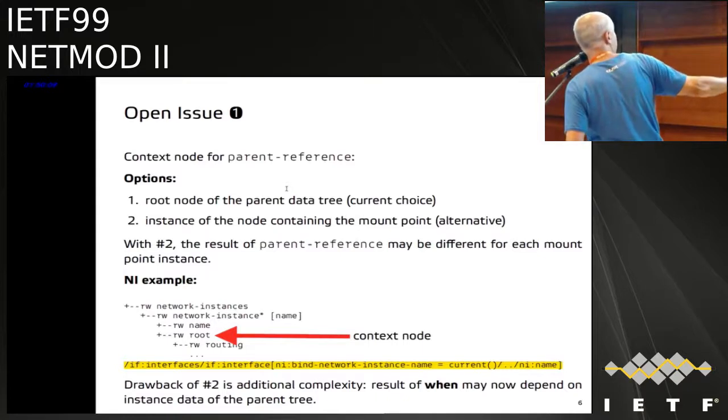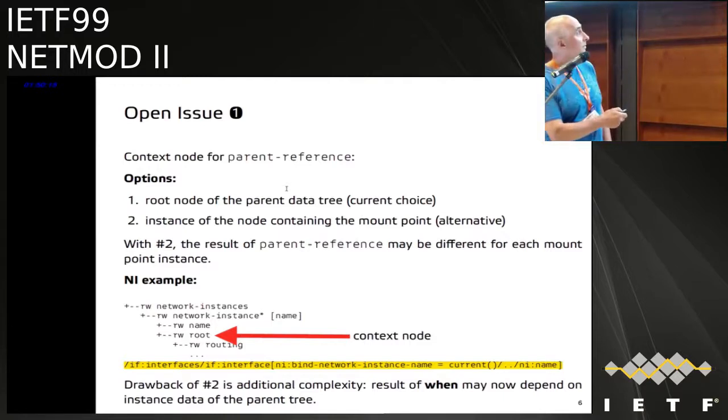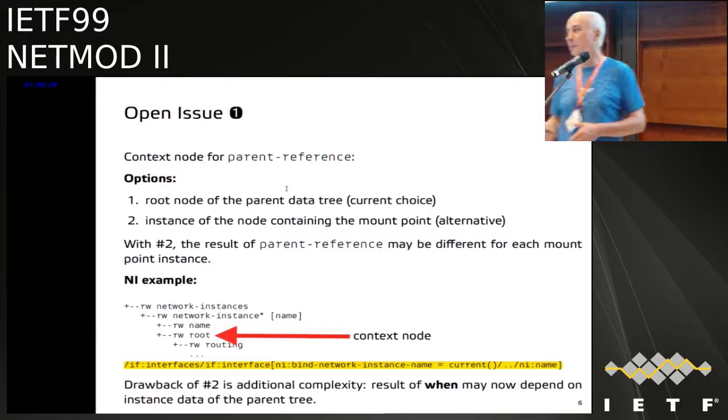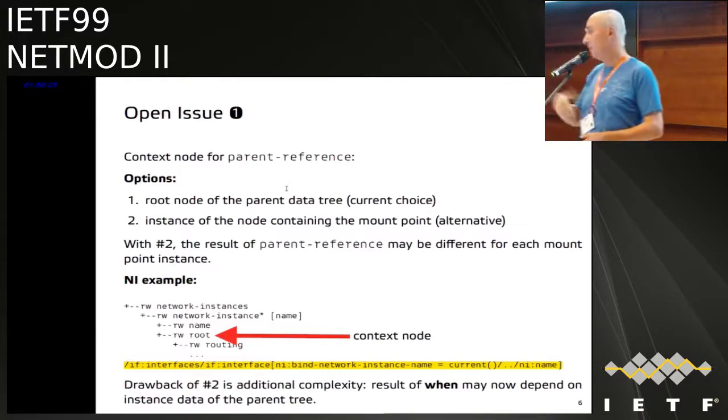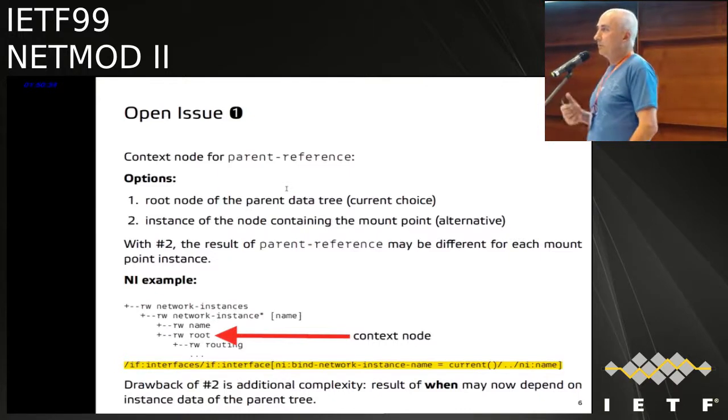So this would be the parent reference expression, and we could indeed formulate this restriction that only interfaces that are bound to that network instance will be available for XPath evaluation inside that particular network instance. So that's of course nice, but on the other hand, I believe it just adds another level of complexity to what we already have.